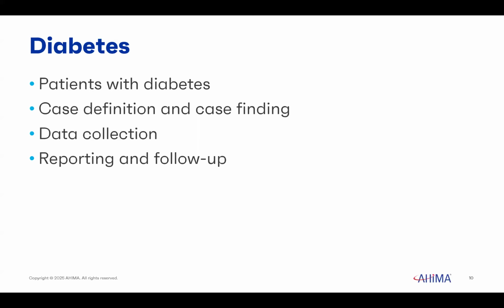We have certain things that define them, and then we collect data on them and run reports to look for ways to improve these patients' lives with diabetes. One thing that'll be interesting with the advent of these GLP-1 medications is what effect that will have on diabetic patients and their care. And the diabetes registry will be critical to this effort.